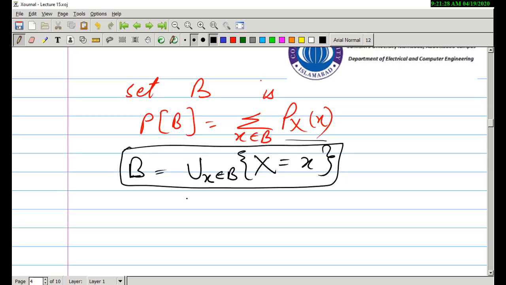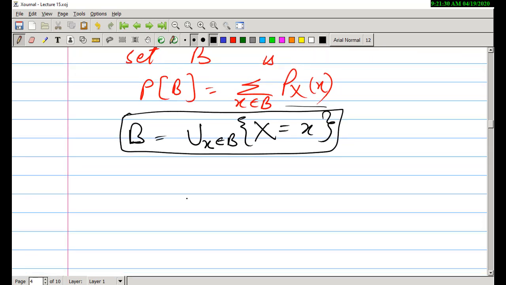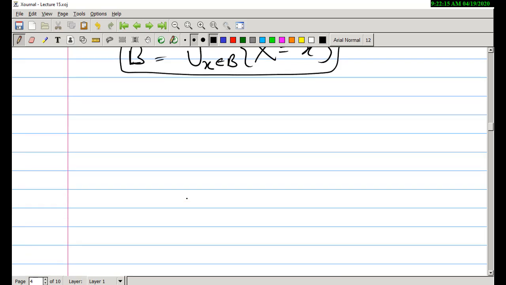So we can solve one example to understand this more clearly. I will copy it from the book.